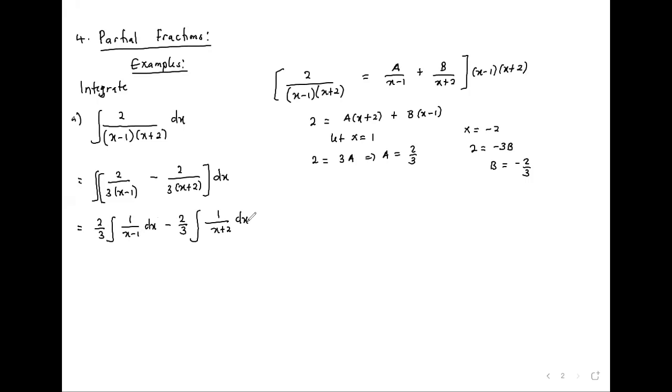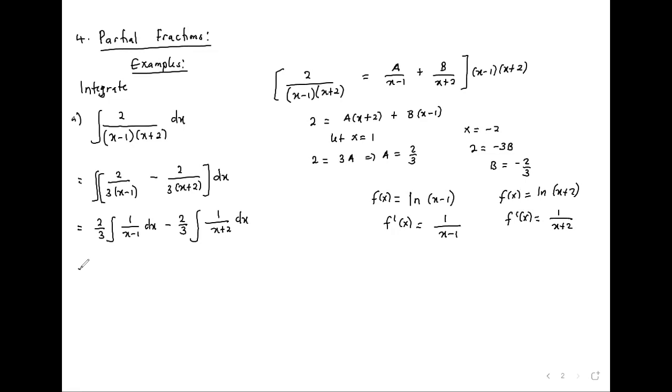Then now, since we saw that whenever we differentiated ln of x minus 1, if this was f of x, and they tell us to find the derivative of this, you differentiate x minus 1, you get 1, and divide by x minus 1. If f of x is ln of x plus 2, the derivative, you differentiate x plus 2, you get 1, and divide by the whole x plus 2.